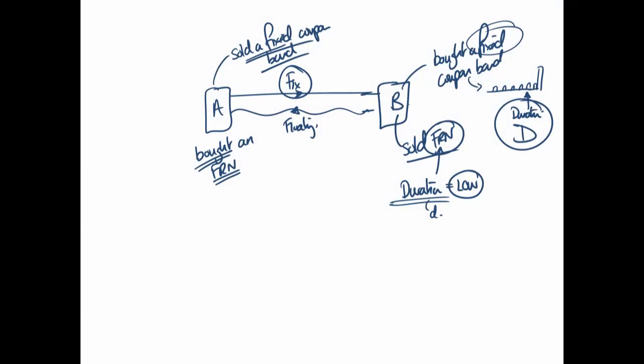And when you think of these two participants, A and B here in this swap, you can now see that B is bringing on board duration by receiving a fixed income. And that's like day one, level one fixed income comment, isn't it? When you buy a fixed income asset, your duration goes up. So B here is increasing their duration because the duration that's coming in on their fixed coupon bond is going to be bigger than the duration that essentially they are paying away under the floating leg.